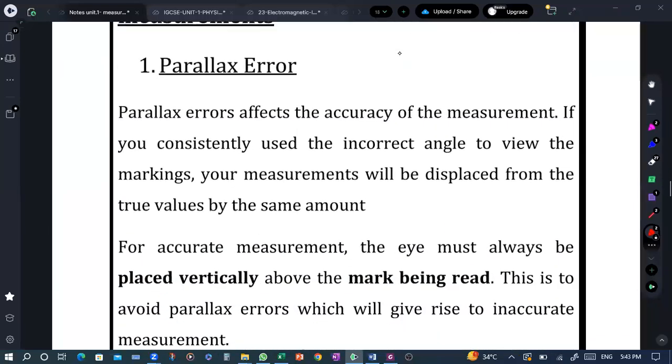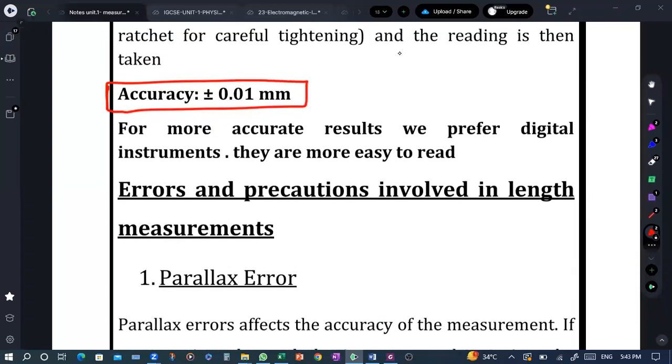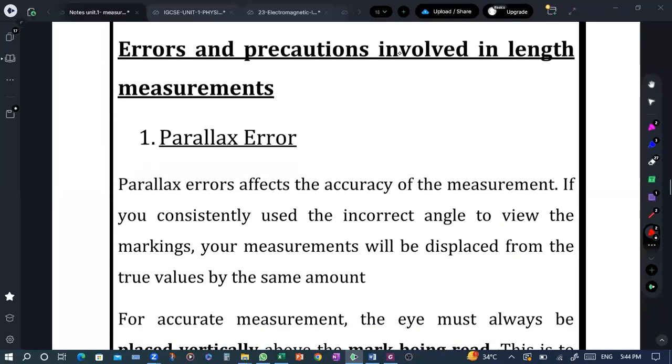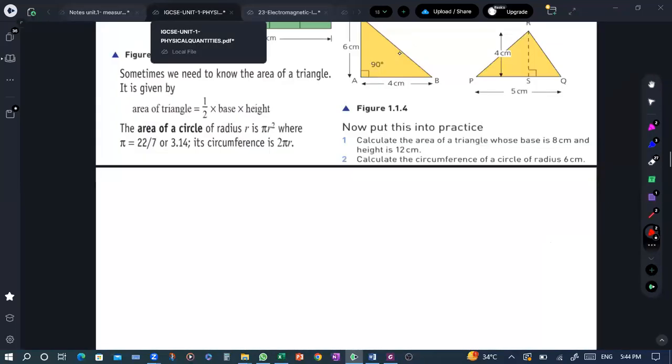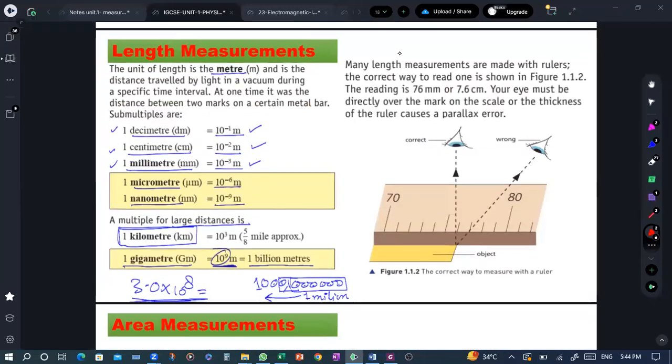So when we take measurements of any object, whether we are going to measure length, volume, or whatever, we have to avoid parallax error. Here it was explained in your slide of the book that a person was taking readings from different positions.